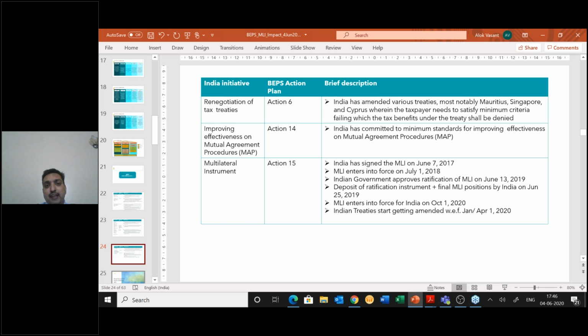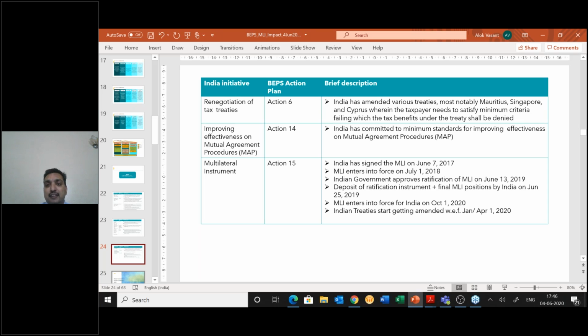There's a significant change which has happened in the international tax arena on account of BEPS, and I would say that international tax has had a complete makeover, and if I use the word complicated, I wouldn't be doing injustice, because it's becoming complicated by the day.